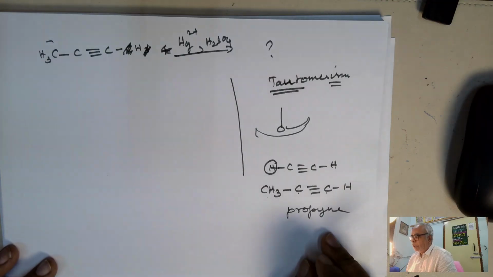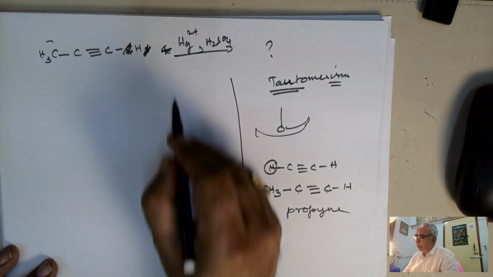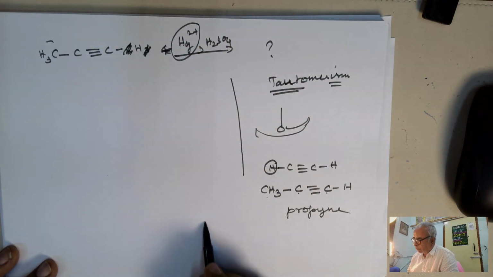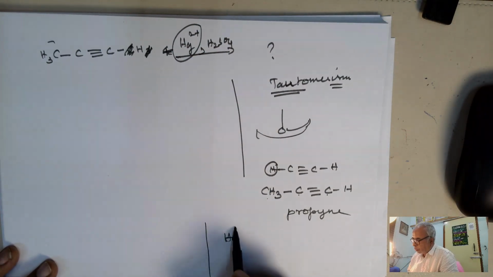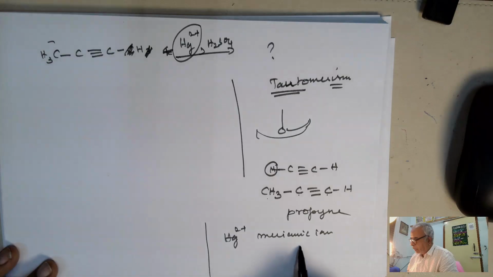So when this propyne is treated with mercuric ion, let me discuss this one also. Hg2+ is called mercuric ion, that is HgCl2.